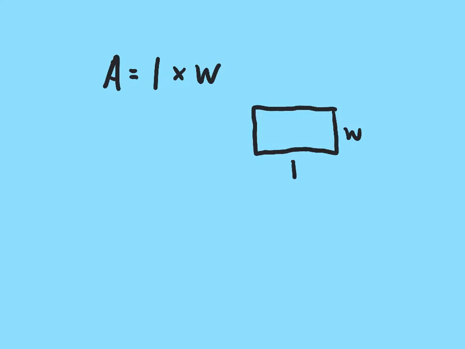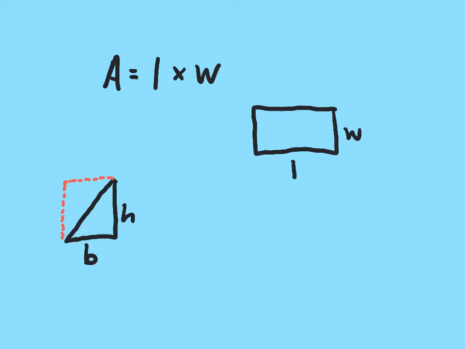For a triangle, like this, which is a normal right triangle, we've got our base and our height. And what we've realized is that a triangle is just half of a rectangle, right?